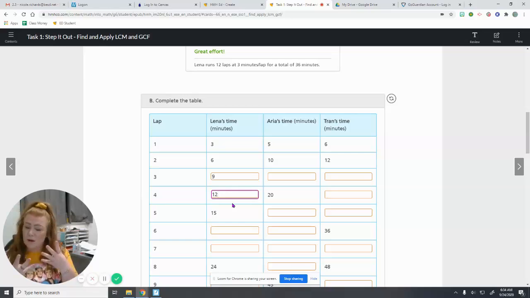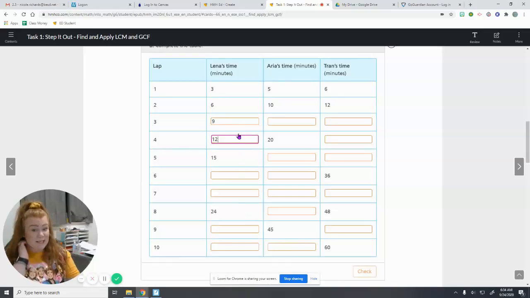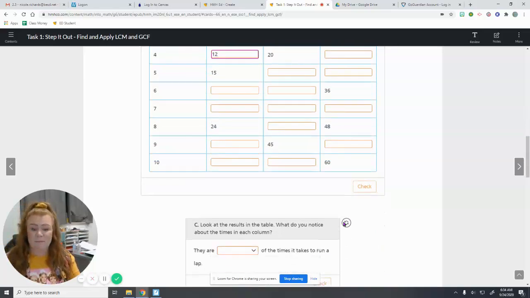You all have fingers, so use them. They're a tool you have that's always with you. I don't care if you use your fingers. I use my fingers still too to make sure I get the right answer sometimes. So go ahead and pause and fill out all of these skip counting.